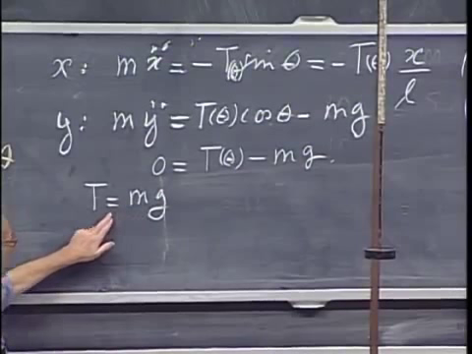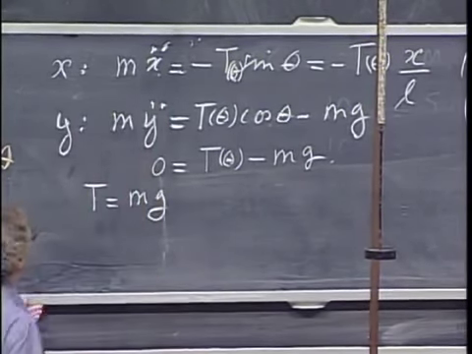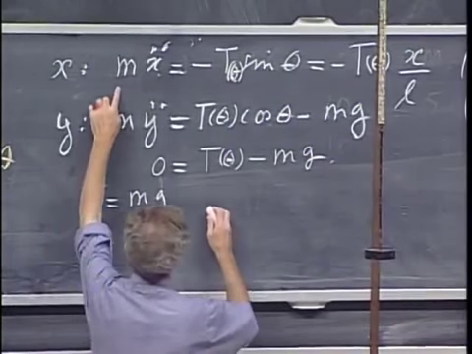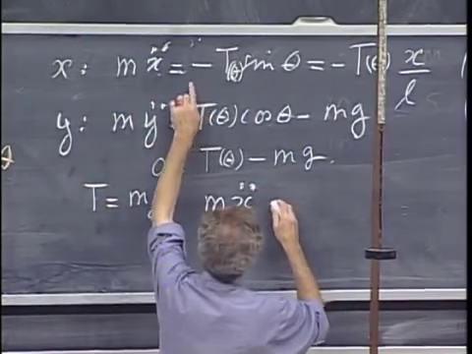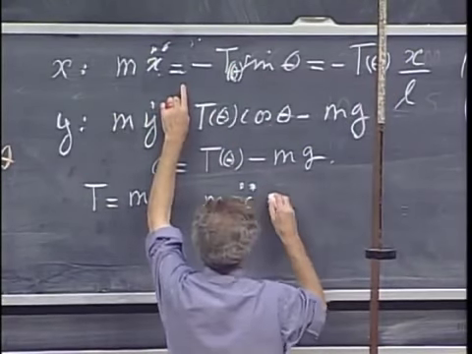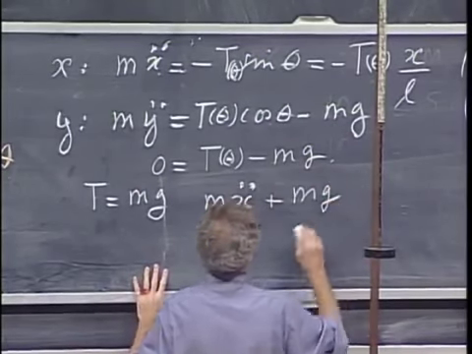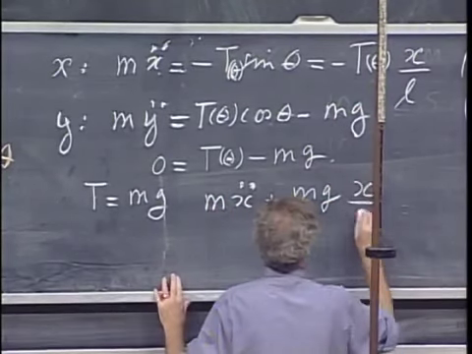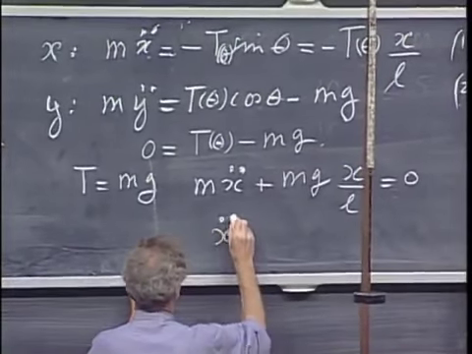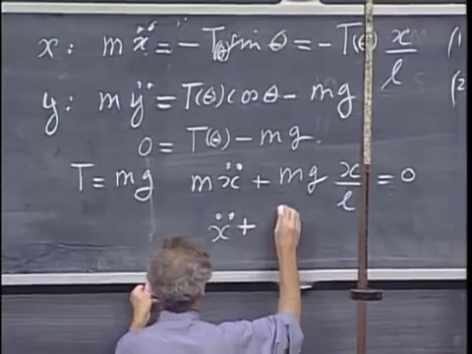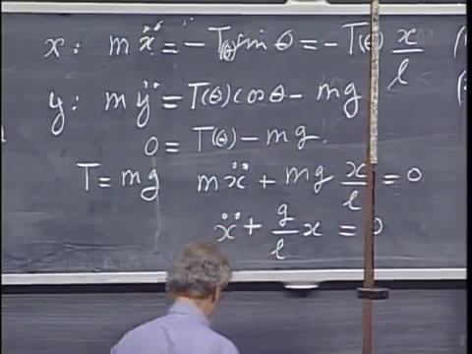It's approximately, but I still put an equal sign there. I substitute this back in my equation number 1. And so now I get that m times x double dot, and I'll bring this on the other side, plus T, which is now mg, mg times x divided by L equals 0. And now comes the wonderful result: x double dot plus g over L times x equals 0.